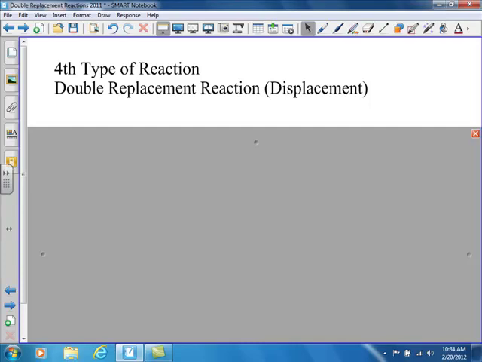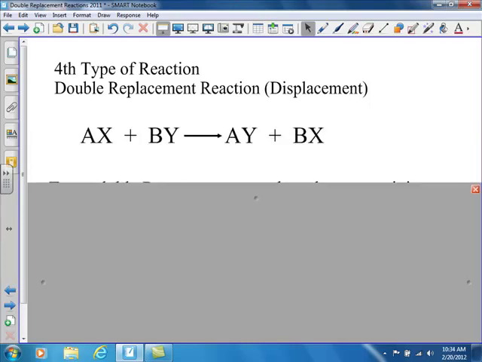In a double replacement reaction, which is sometimes called a displacement reaction, just like a single displacement, you have 2 different things that are going to replace. So here's our generic equation. Unlike, or kind of like, a single replacement reaction, A went over and it's going to replace B, but in this reaction, B then is going to say, okay, if you're going to kick me out, I'm going to go and replace you.